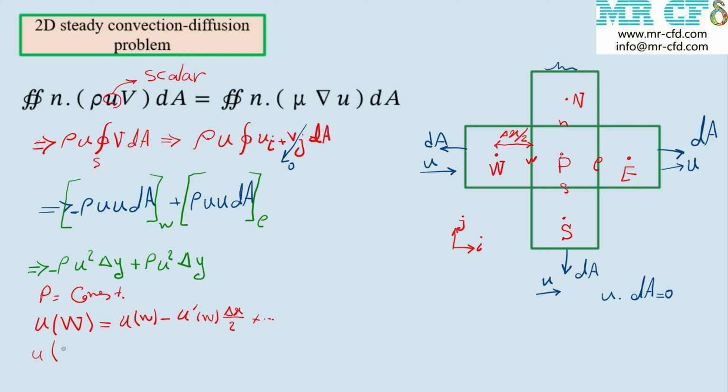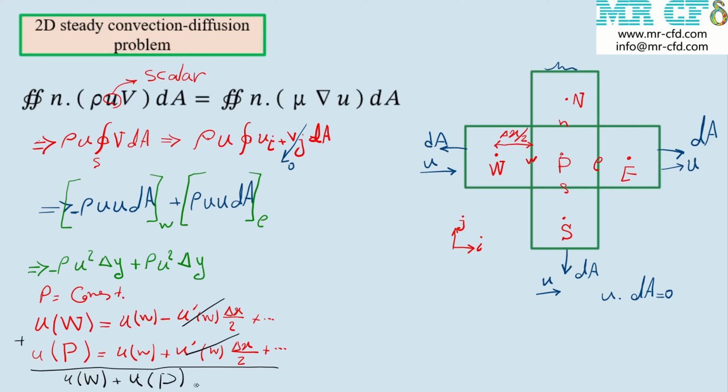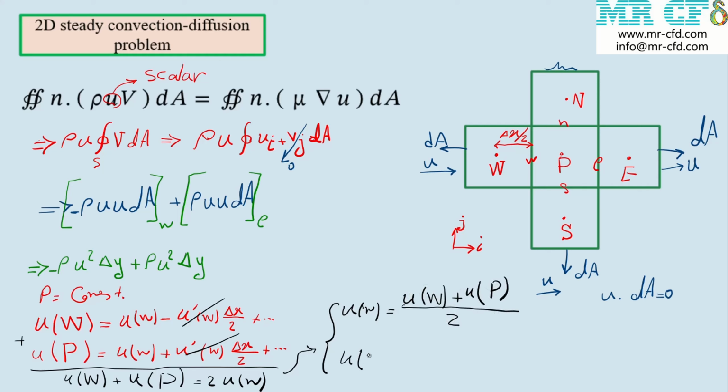In the same way, we can write the Taylor series for the x velocity at the node P, and by adding these two together, the u prime terms cancel, and we can write u_W plus u_P is equal to double u at the face w. So the x velocity at face w is the average of the x velocity at nodes W and P, and also the x velocity at face e is the average of the x velocity at nodes E and P.